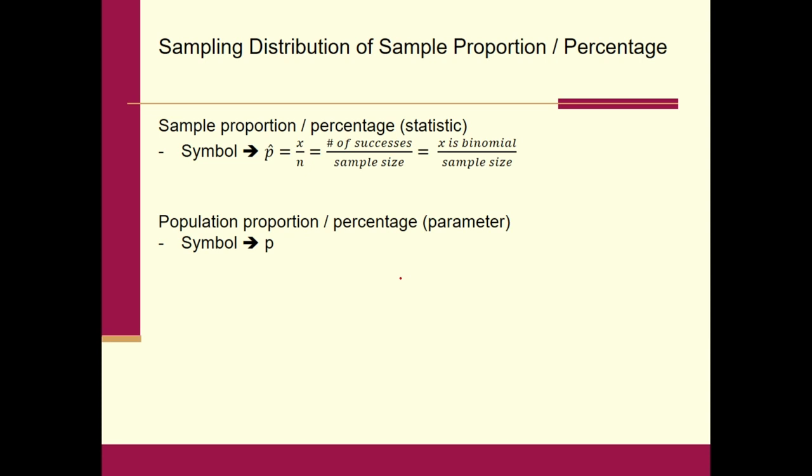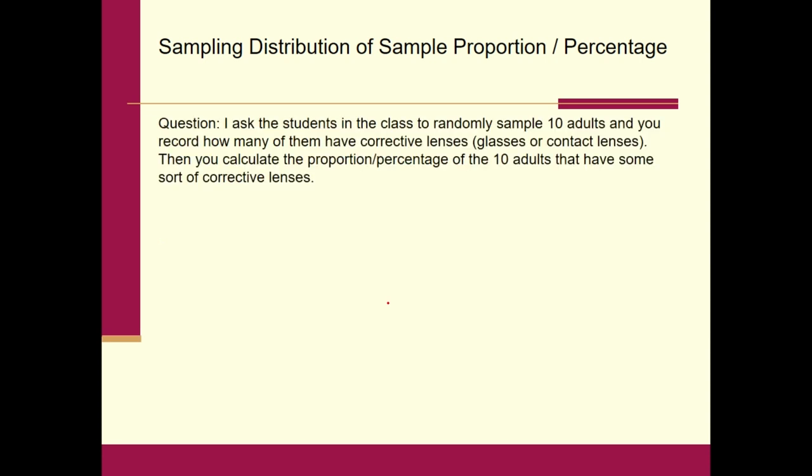Remember, if we know this number, it's probably because we're in pretend land, or we're working with a game of chance. Because with games of chance, you can figure this out a lot of times, but in reality, you would probably just have to make up the number like I just did in the last problem, that 60% of all U.S. adults have corrective lenses.